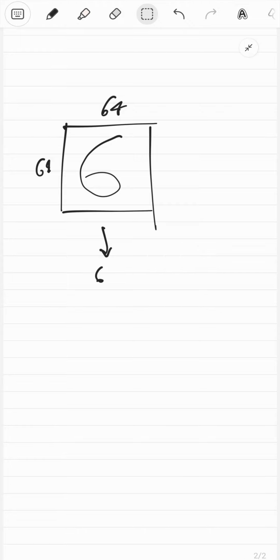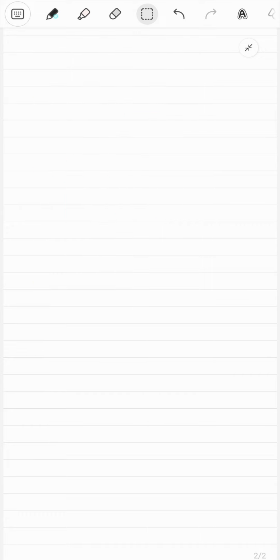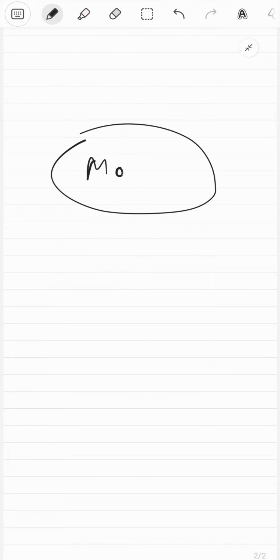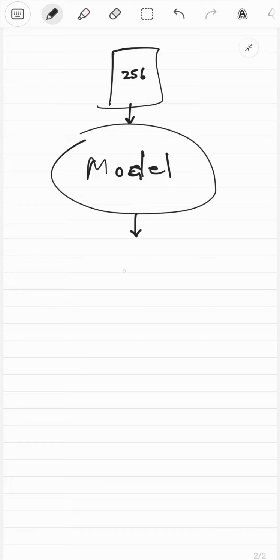So the model is basically like this: I'm just going to abstractly write model and not specify what exactly we are doing, but you give it an image of 256 pixels, and that gives you one particular number, maybe a 6 or a 7 or an 8.